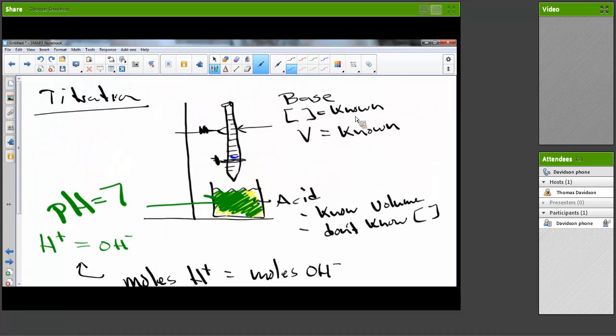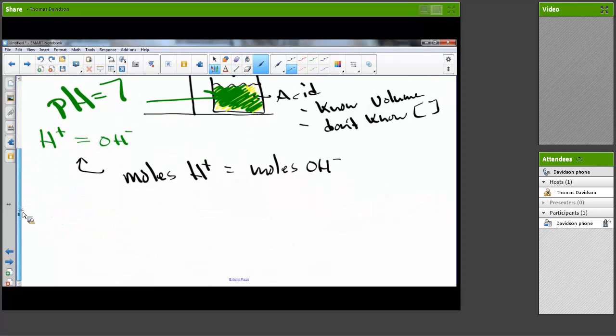If I know the concentration or volume of something, then I actually know the what? I know the moles. Now look down here. The aha is coming. If I know the moles of base that I added, then what do I actually know also? The amount of H plus that I had to start with.